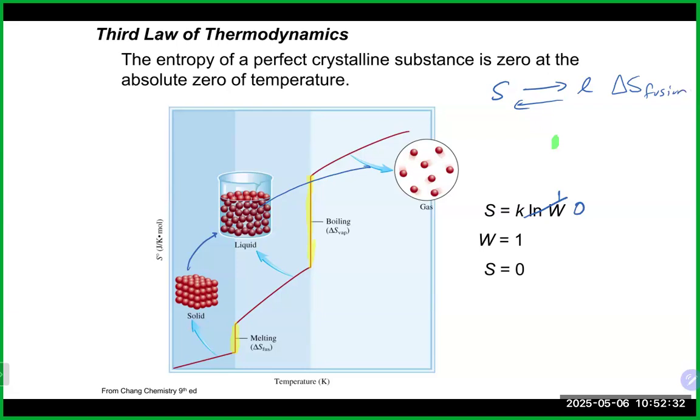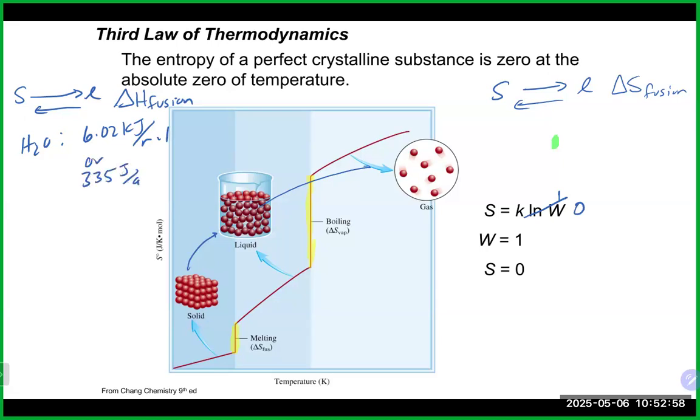And as you may remember from Chem 50, there is a certain amount of energy required to do that transition, going from solid to liquid or liquid to solid. That is the delta H of fusion, right? And for water, the delta H of fusion is 6.02 kilojoules per mole, or roughly 335 joules per gram, give or take a joule there.